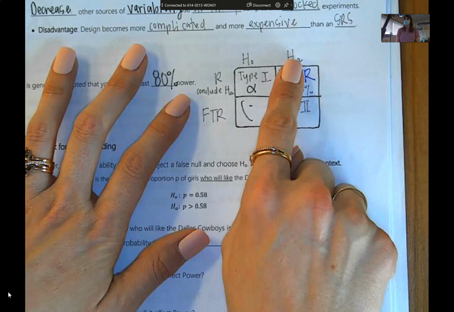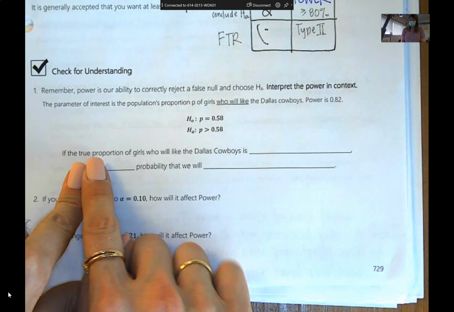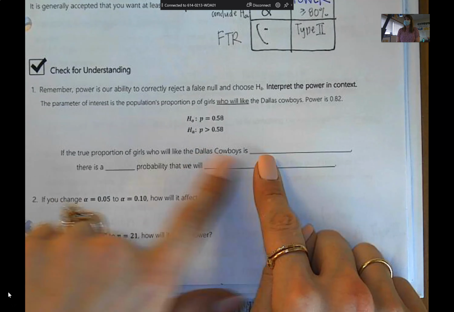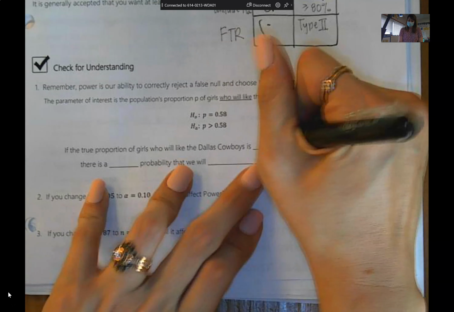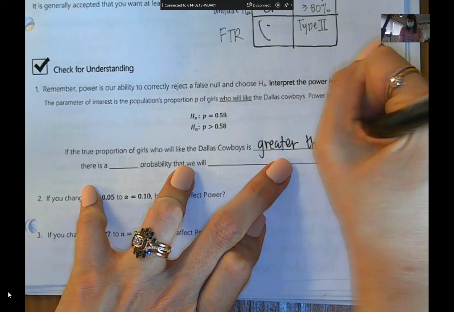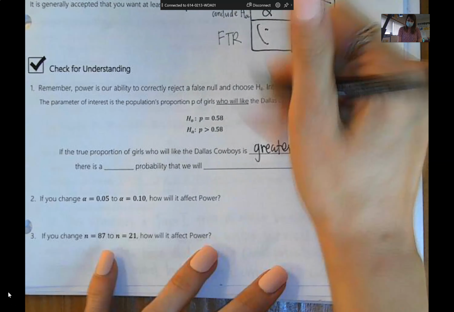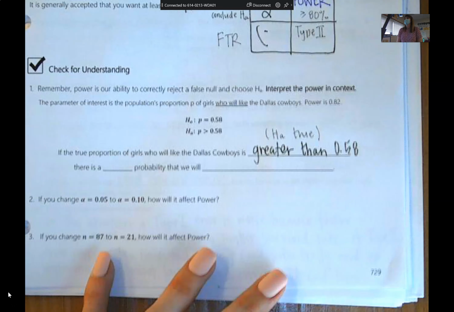So HA true, correctly reject. So if the true proportion of girls who like the Dallas Cowboys is greater than 0.58, this is HA true.